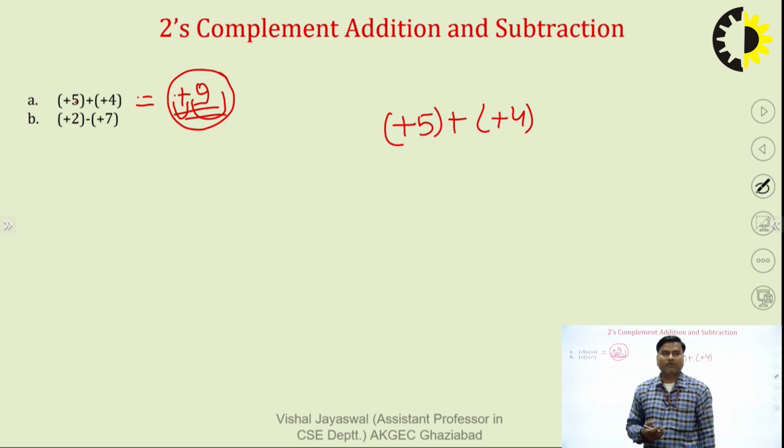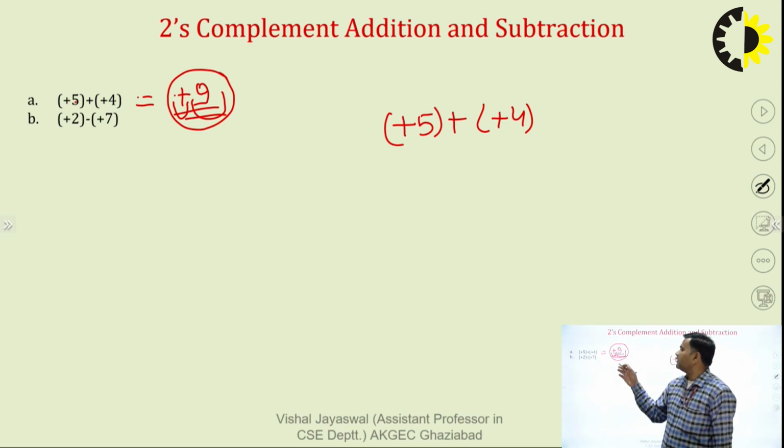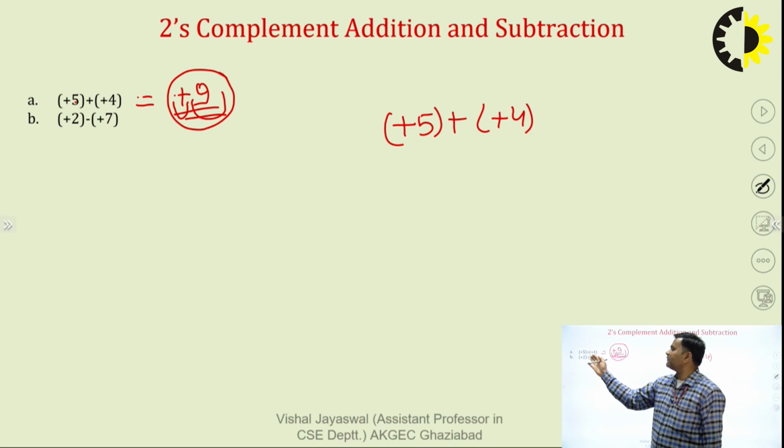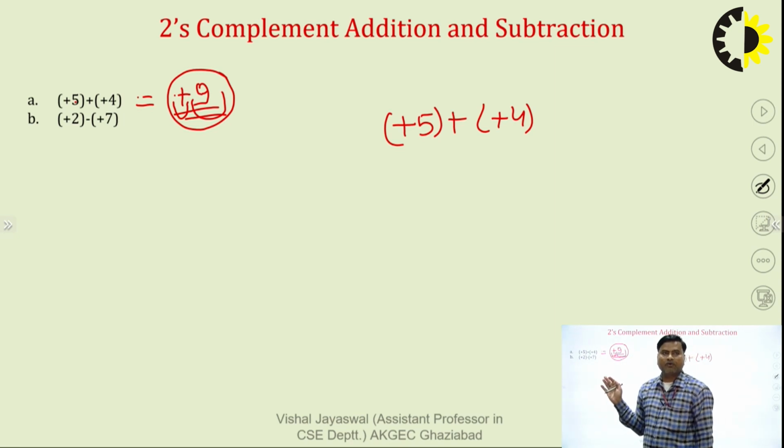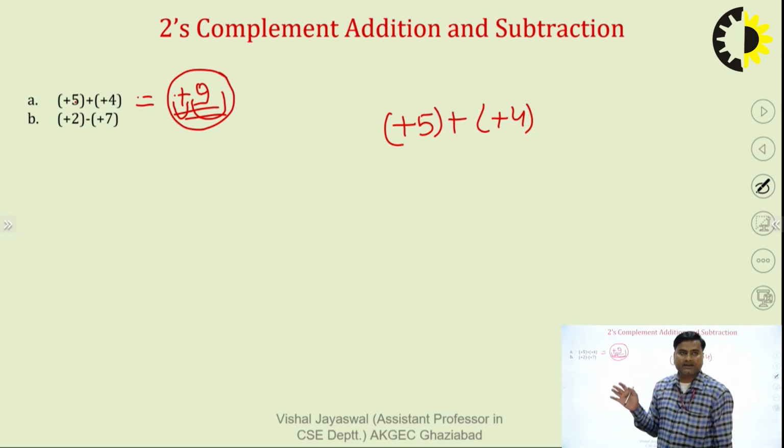This is the case of overflow because we add plus 4 and plus 5 in 4 bits and we get the result plus 9, that is of 5 bits. Then we can say that this is the overflow. So we can check this question from our C in, C out method.